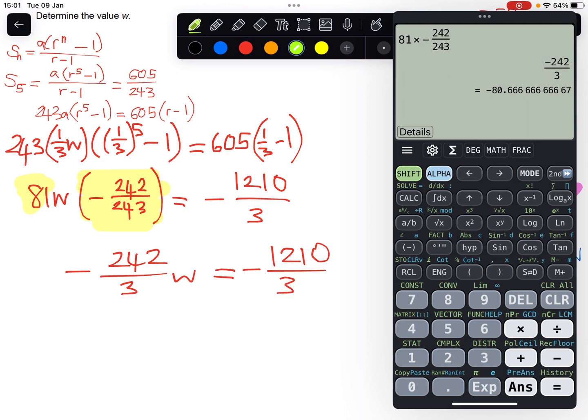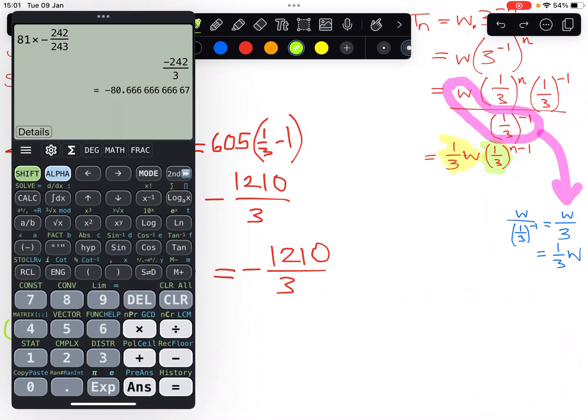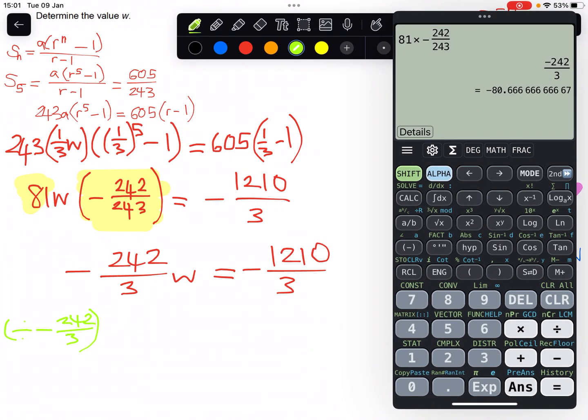We can then divide both sides by negative 242 divided over 3, right, in order to get this W by itself. Okay, so let's calculate that.